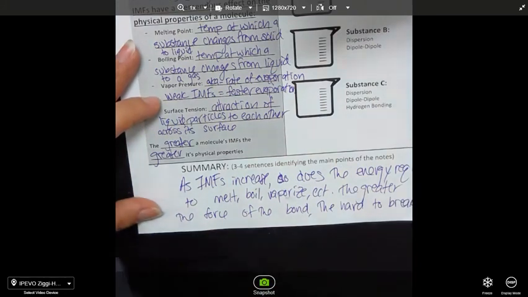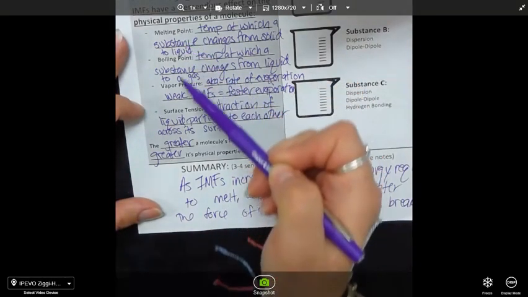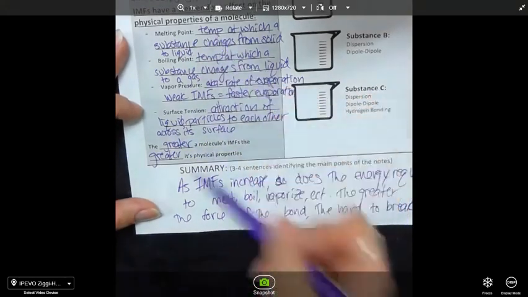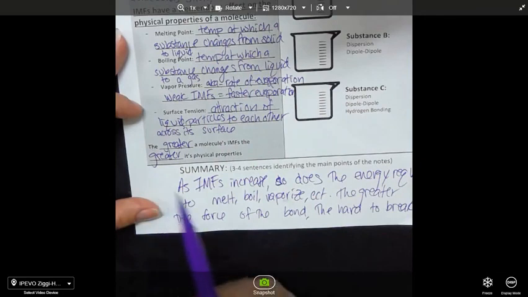Okay, so if any of these are super strong, super high, then your intermolecular forces are going to be greater, therefore stronger.